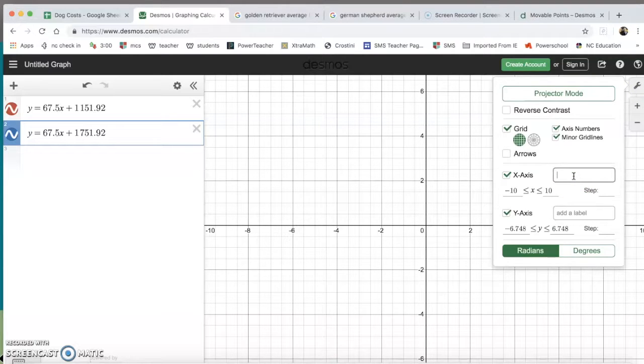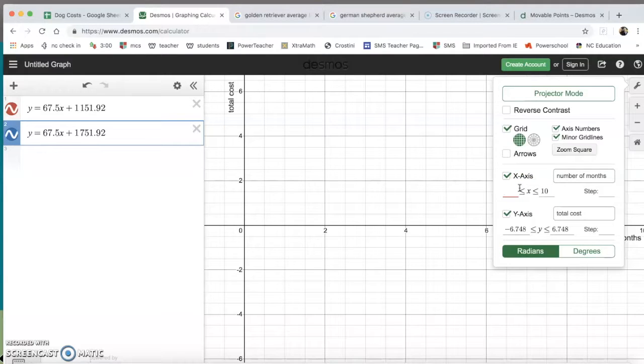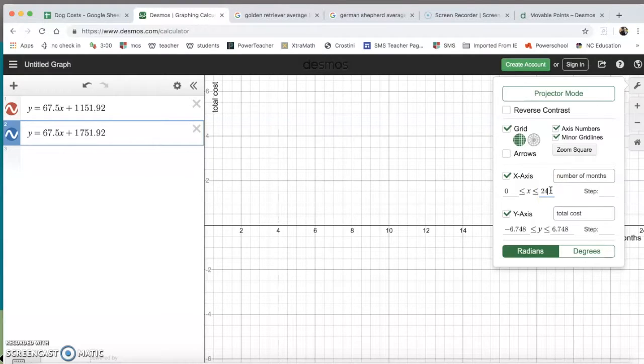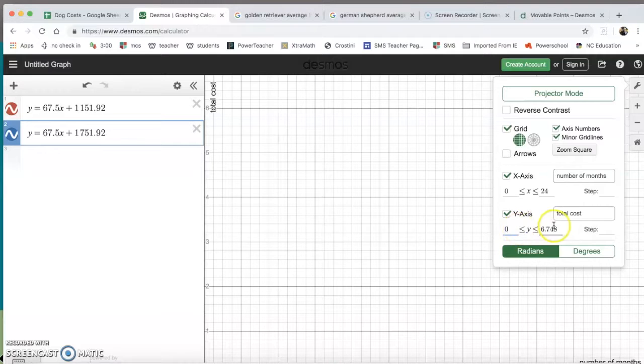So x represents the number of months that you have the dog, and then the y-axis represents the total cost. And then from there, on the x-axis, if this represents the number of months, I want to go from, let's start at 0, and let's go up to, I don't know, 24 months, so 2 years of owning the dog.